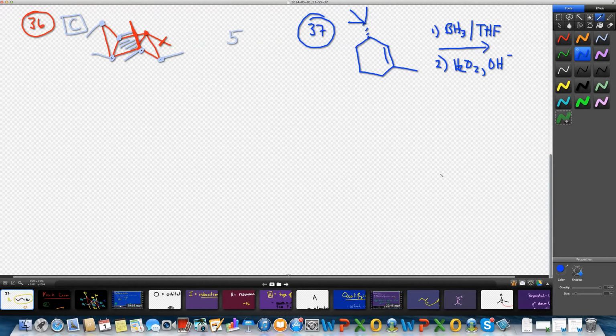Remember, this is anti-Markovnikov addition in terms of the regiochemistry. And by anti-Markovnikov, the least substituted carbon is going to be the carbon that's oxidized. So that means the OH is going to go to this position right here.